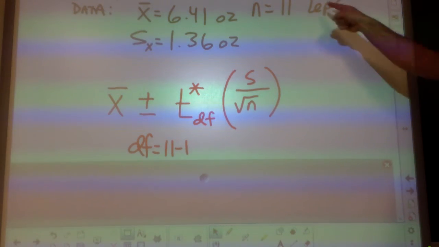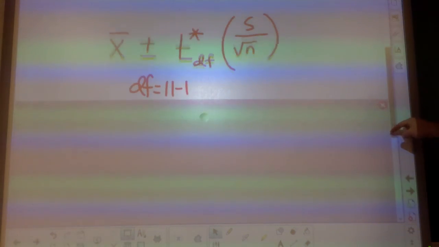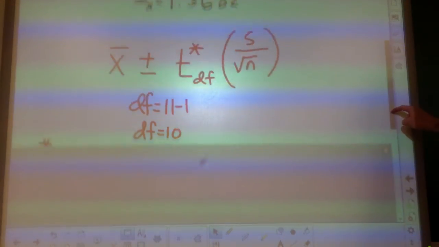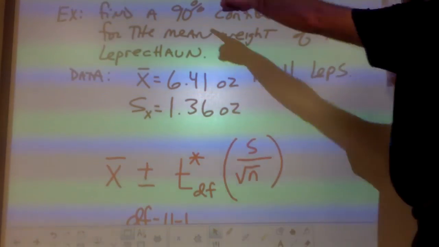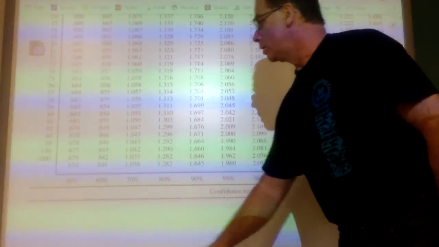Okay, so there's the formula. So now, degrees of freedom, I have 11 is my N, 11 minus 1. So my degrees of freedom is 10. I have to pay attention to my confidence, 90% confidence, degree of freedom of 10. So let's go to our chart.